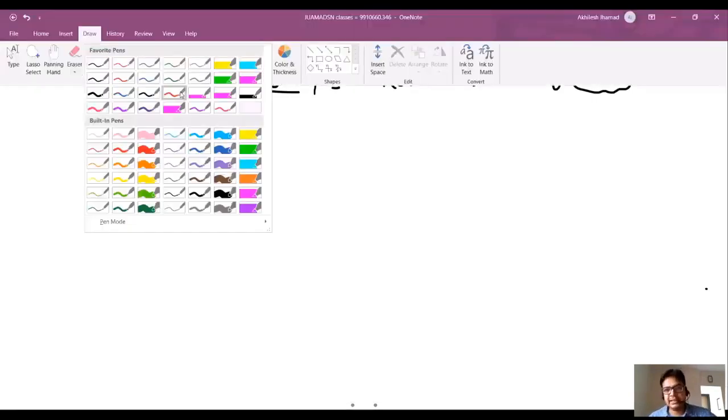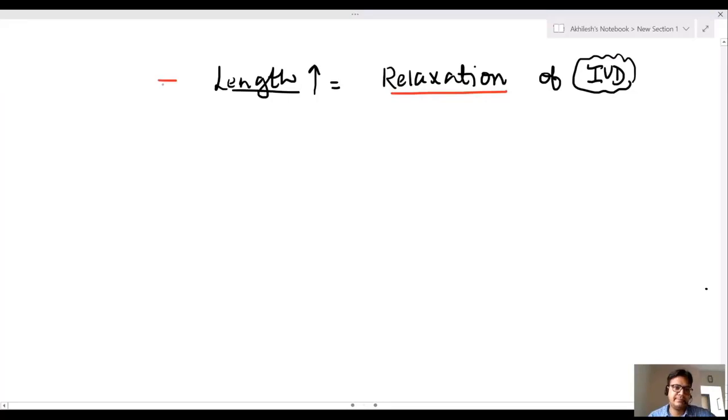That is, length is increased up to 2 to 3 centimeter. The logic is simple. First is insensibility and loss of voluntary power. Second is length is increased.